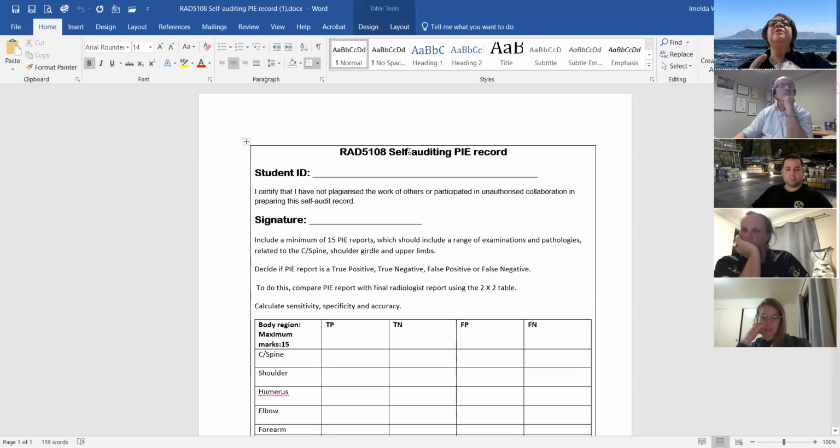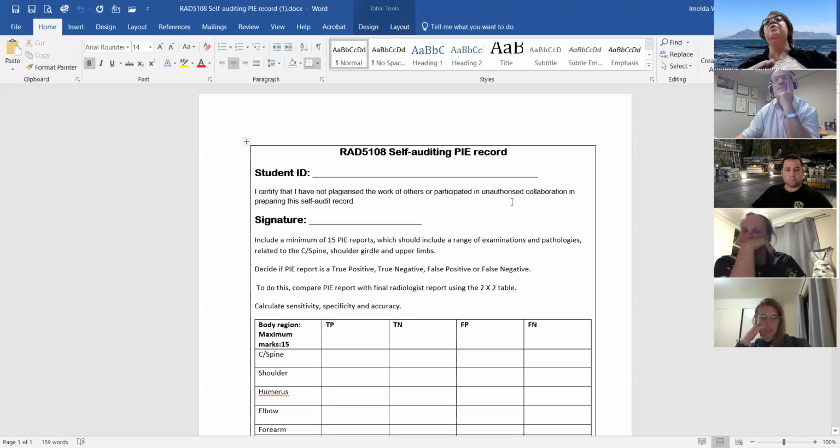Okay. So this is the form that you need to submit for the PIE record, where you put your student ID. And this is where you then sign. So you actually have to sign that you've not plagiarized the work of others, and that there was no unauthorized collaboration in preparing this document.